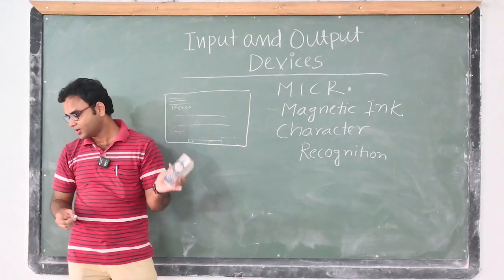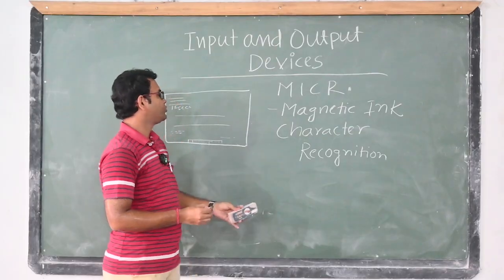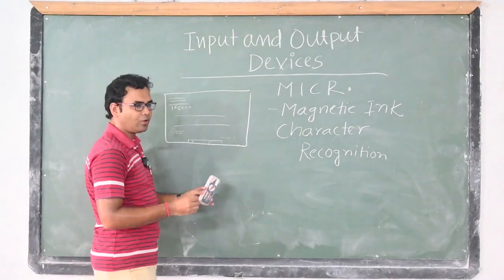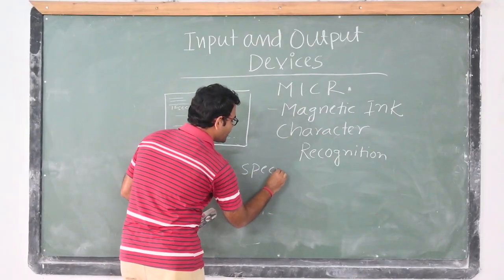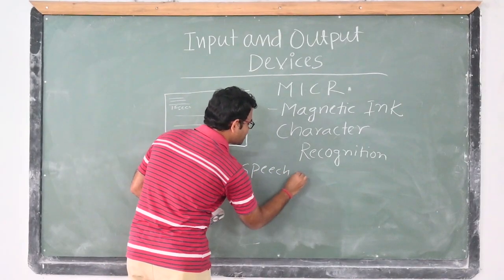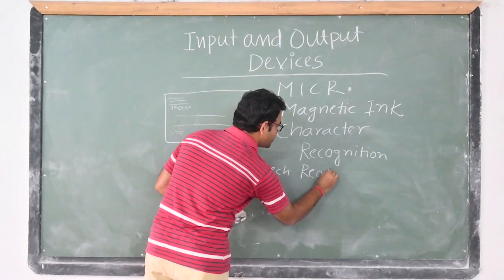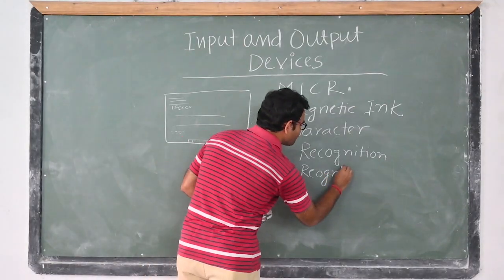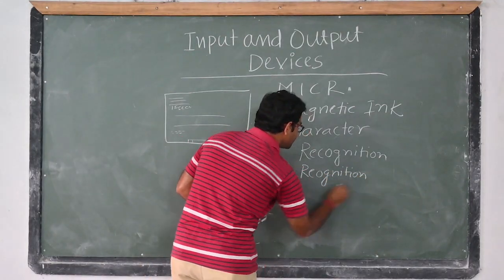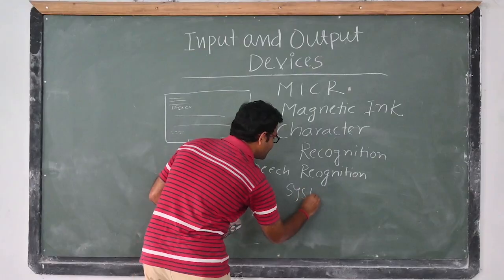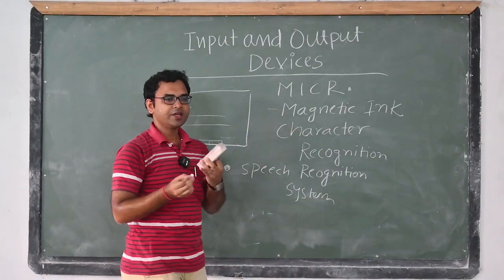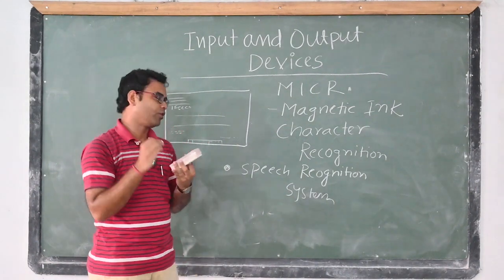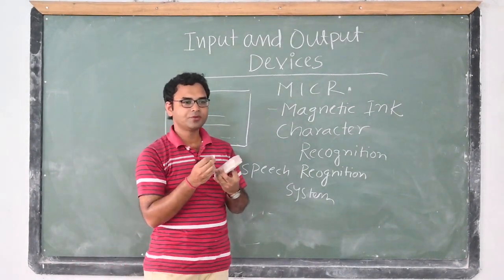So this is another important input device, and the last one you are all familiar with is the speech recognition system. Speech recognition system means whatever we talk gets converted to digital form, like in a WhatsApp voice note.